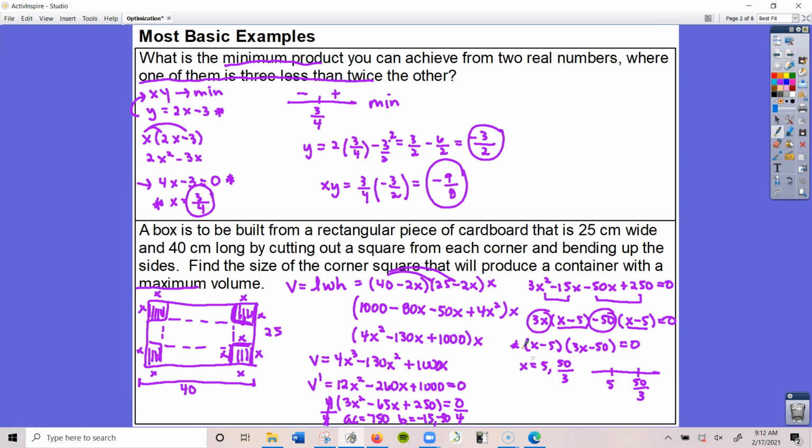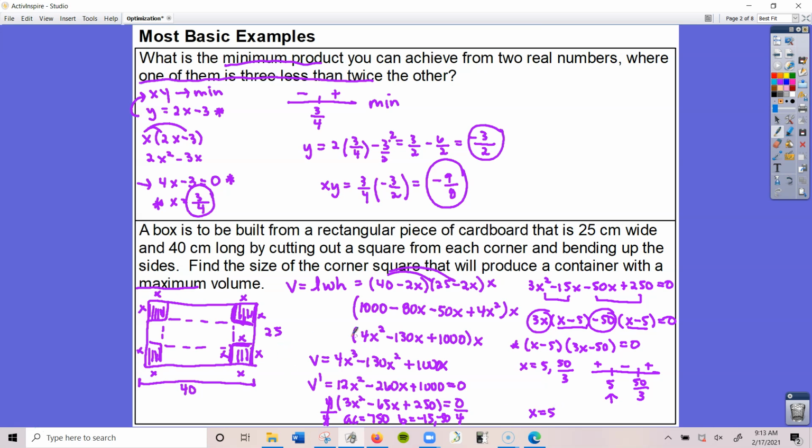This is my derivative factored out. If I plug in 0, I get a negative times a negative, which is positive. If I plug in 6, I get a positive times a negative, which is negative. And if I plug in, let's say, 25, I get positive times a positive, so positive. So my maximum here is when x is equal to 5.